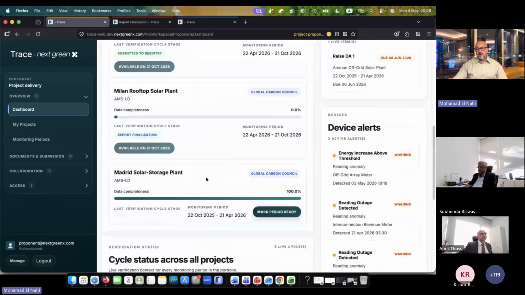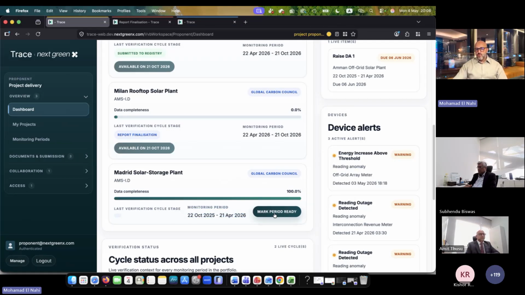Let's take an example of a project that is ready to be marked as ready for verification. This duration could be a few months, but it could also be a few days if needed. So the duration is irrelevant.